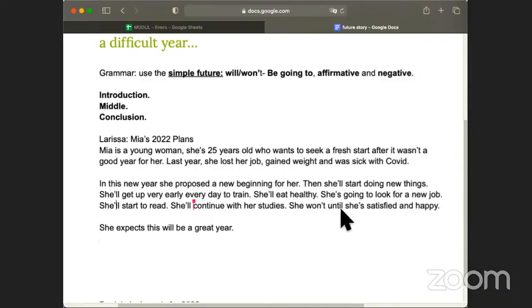She continue. She won't. Okay, here is missing the verb. She won't until she's satisfied and happy. She won't what? What's the verb? Yes, she won't stop.